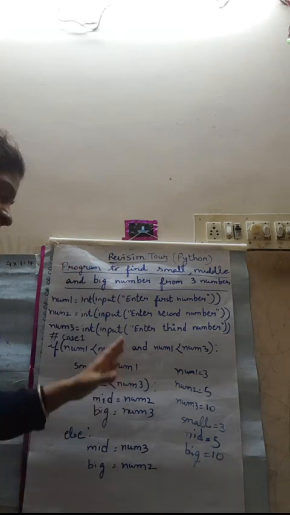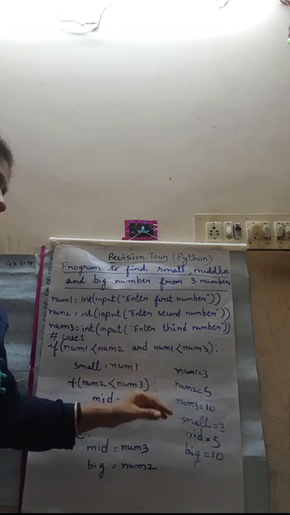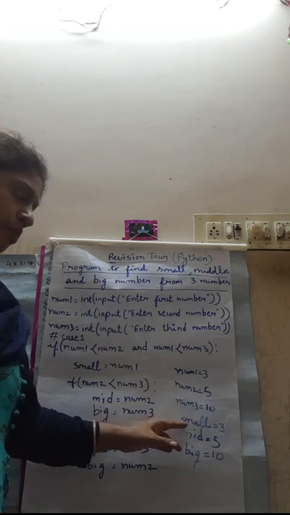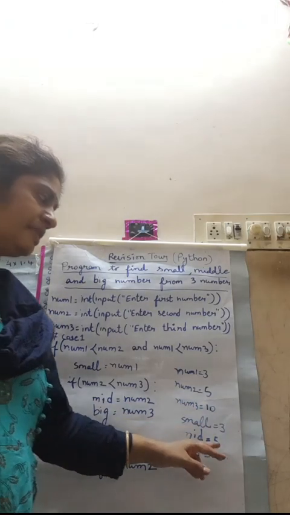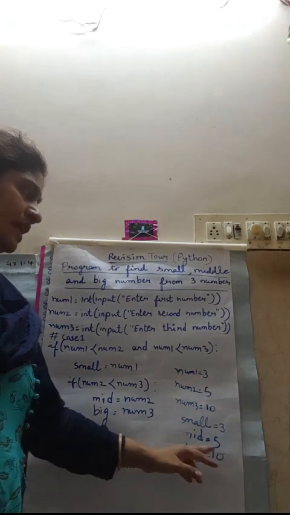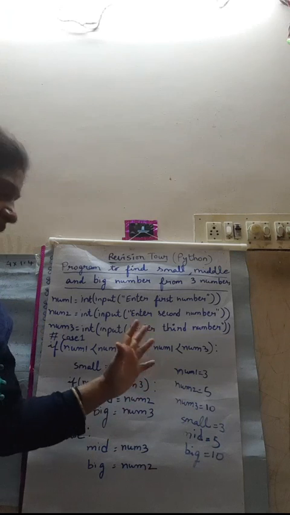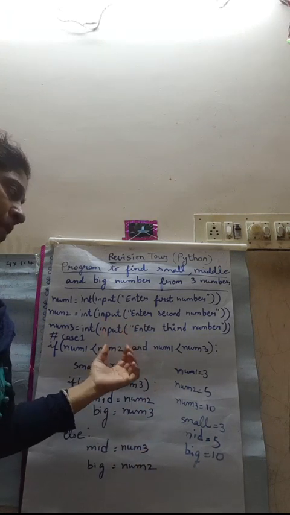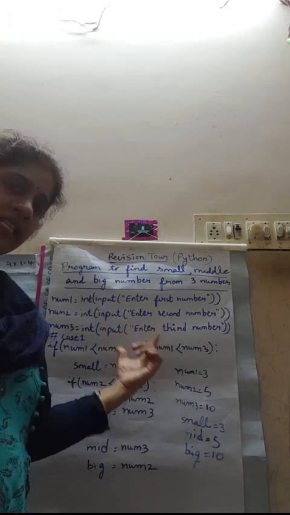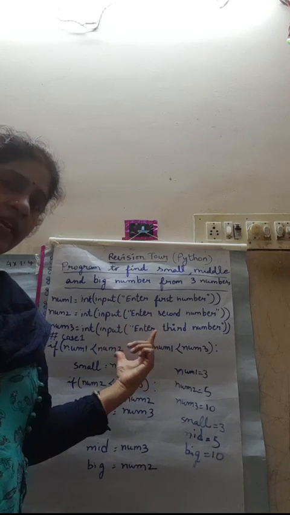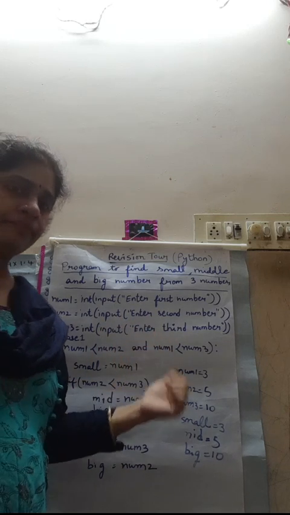So this condition gets satisfied in this case, and small will be set to 3, mid to 5, and big to 10. So this is one possibility of writing the condition. Another possibility we will see in the program.